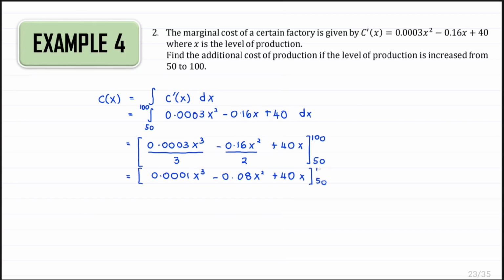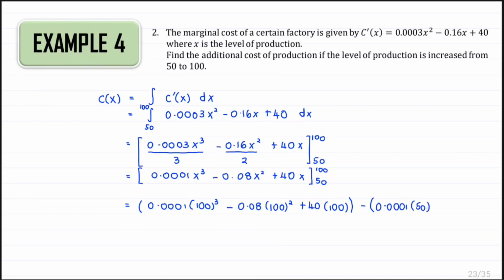Okay, then we substitute 100, so we get 0.0001 times 100 cubed, minus we substitute 50, 0.0001 times 50 cubed. We calculate, then we get 1,487.50.